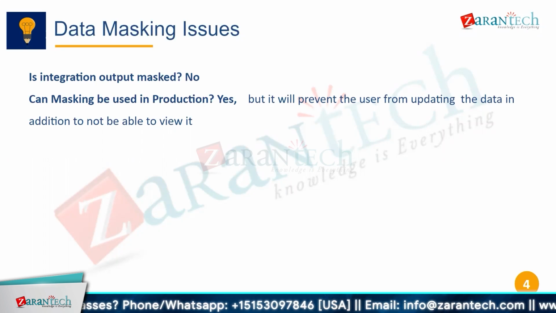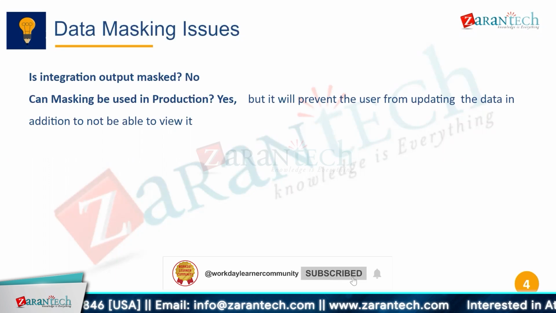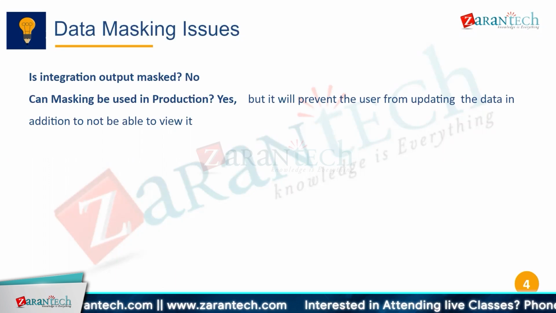For example, let me reiterate, in a case where you need to give access to a set of users where you enable a policy, which is a parent or a child policy, which has confidential information that applies to, say, GDPR or HIPAA, and you would like to mask that data, then you get into a situation where you have to give that policy access, or domain, business process or functional area access for child and parent policy to a security group. But then some of the data you would like to mask in that access. That is where data masking can come in handy.